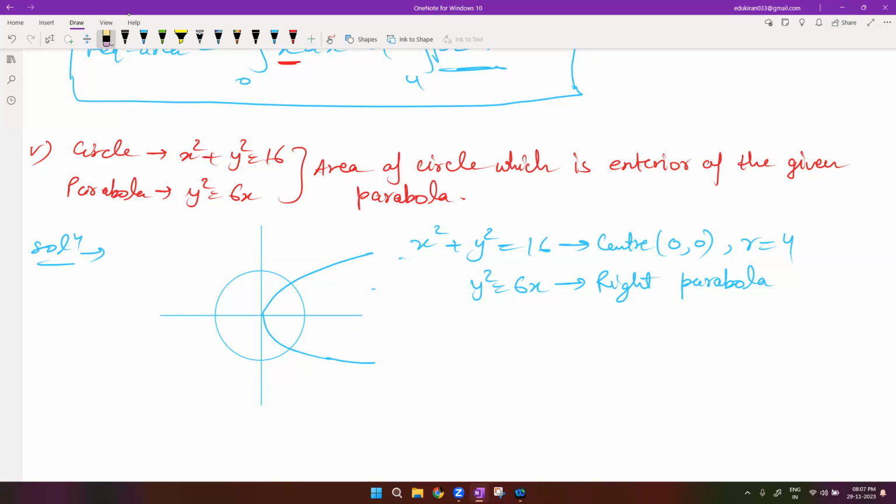Anyways, I have to find out this area. In fact, I'll also have to give them names. This is origin. This is point A, B, C, D, and then this is E, and then this is F. I want to find out O, A, F, O. So first you have to find the point of intersection.